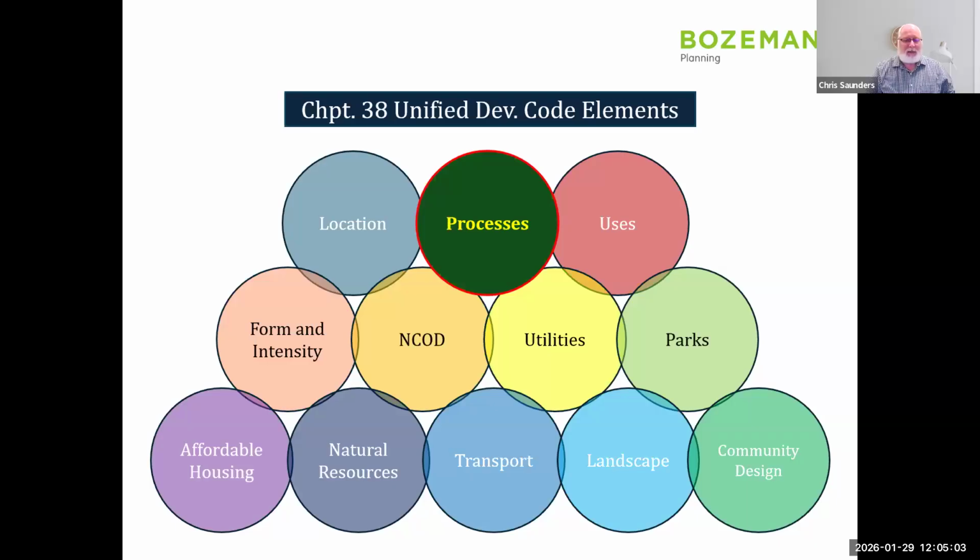Processes are a significant element of that, which are strongly influenced by state law. The state recently, in 2023, replaced our authority to do zoning and subdivision review and planning, and has given us new processes, and so we are implementing that with the Unified Development Code update.